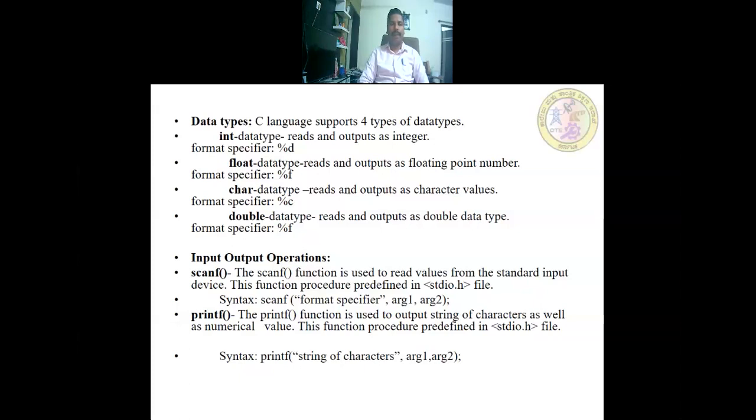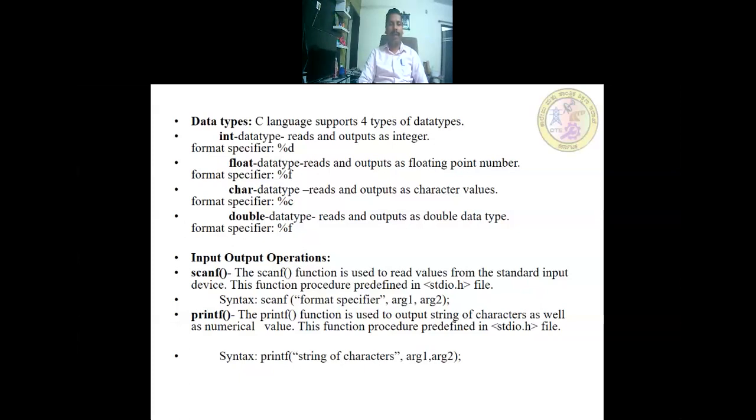The next function is the formatted printf function. This printf function is used to output a string of characters as well as a numerical value. This function is predefined in the standard input output header file.